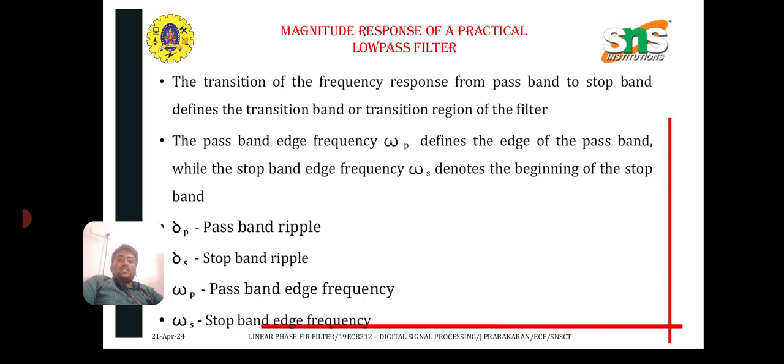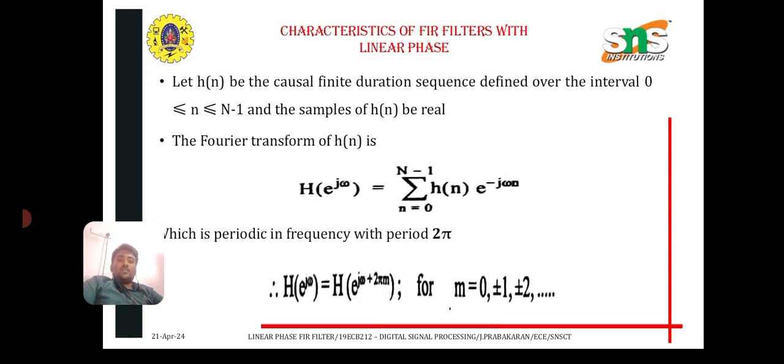Del p is the passband ripple, del s is the stop band ripple, and also omega p is the digital passband frequency and omega s is the digital stop band frequency.